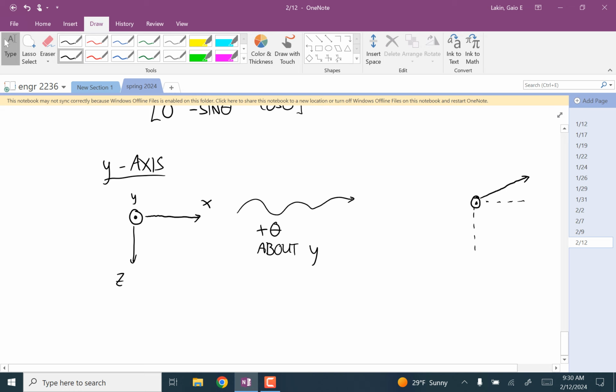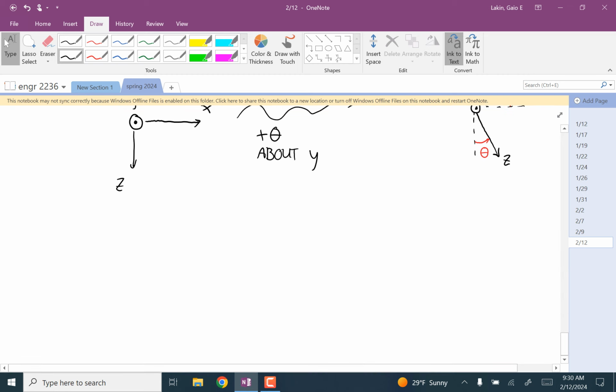A positive rotation would put the x-axis that way, and the z-axis this way. And that rotation matrix is cosine of theta, 0, negative sine of theta, 0, 1, 0, positive sine of theta, 0, cosine of theta.